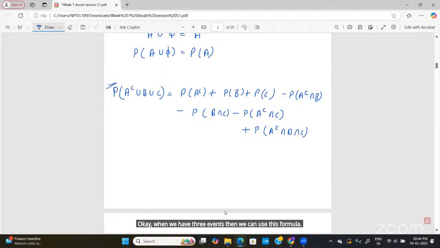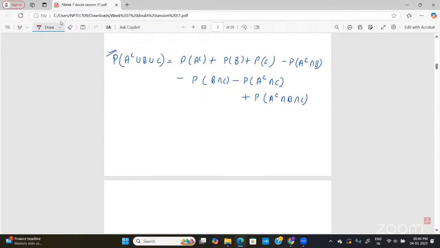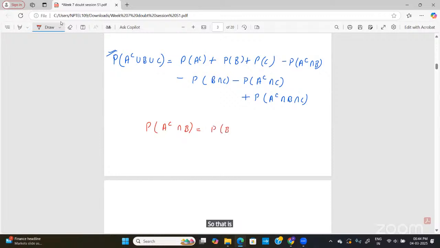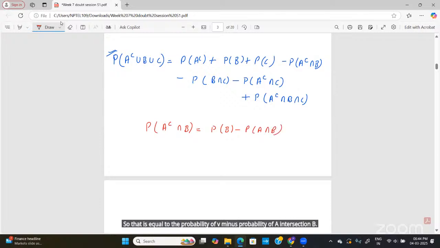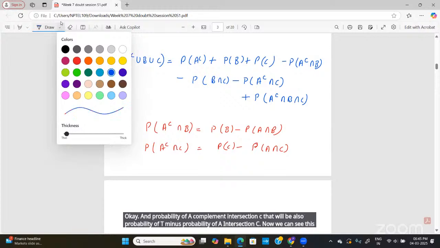Now, one more thing you should remember: probability of A complement intersection B is equal to the probability of B minus probability of A intersection B. And probability of A complement intersection C will be equal to probability of C minus probability of A intersection C. Now you can see this formula in the Venn diagram also.